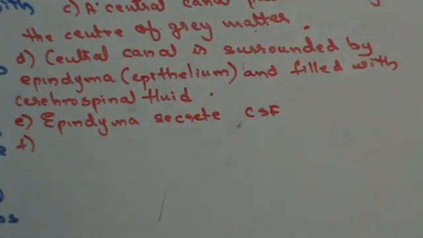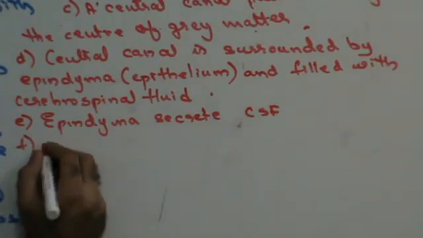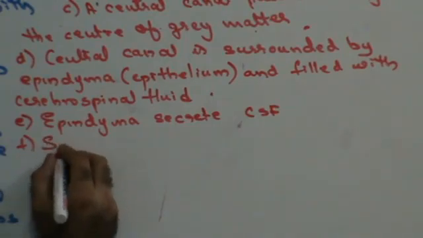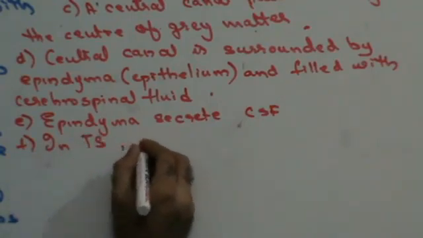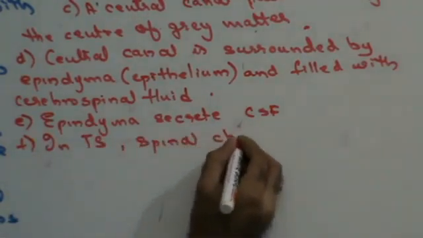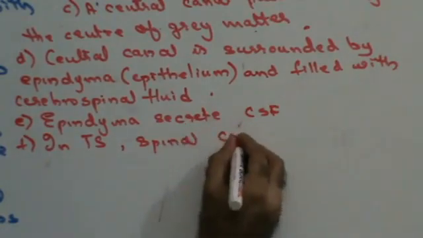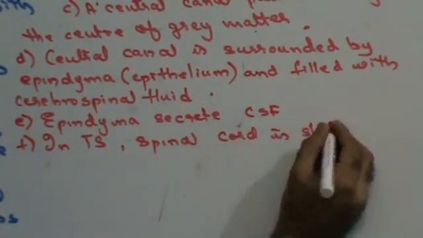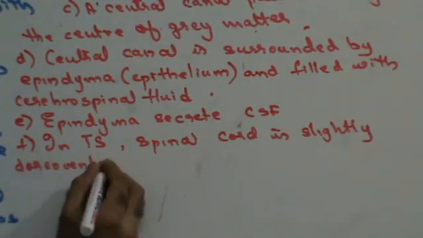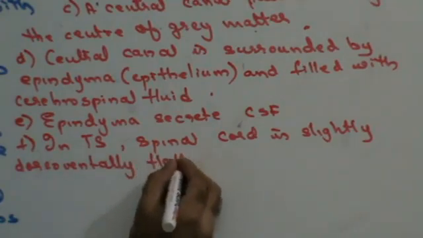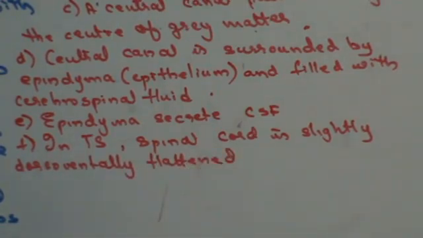Right? The TS of spinal cord is slightly dorsoventrally flattened, with dorsal and ventral fissures.